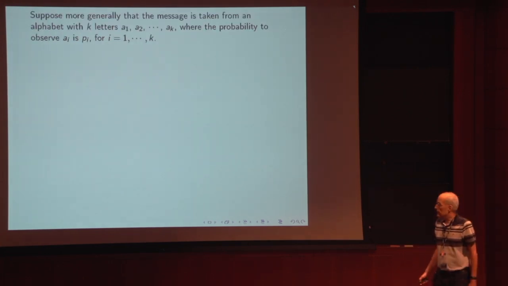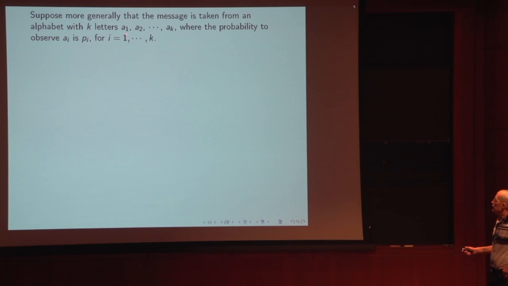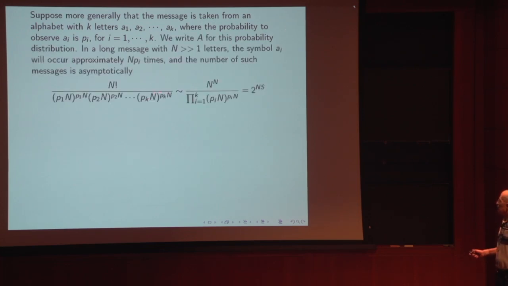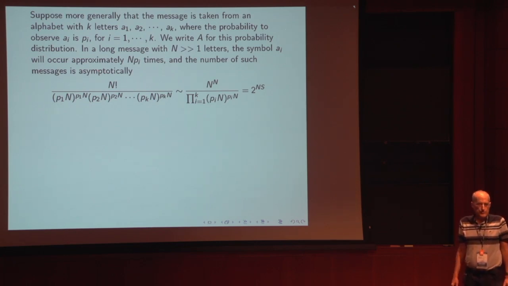Now suppose more generally that there are k possible symbols, A1 up to Ak, and the probability of the ith symbol is p sub i. Well, then you proceed in the same way. And this is the number of possible messages of that kind, assuming that each symbol occurs the expected number of times for large n.